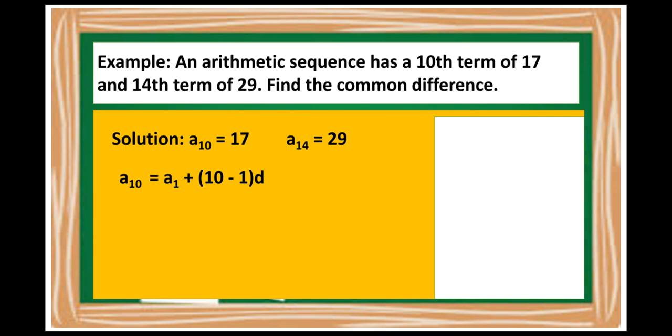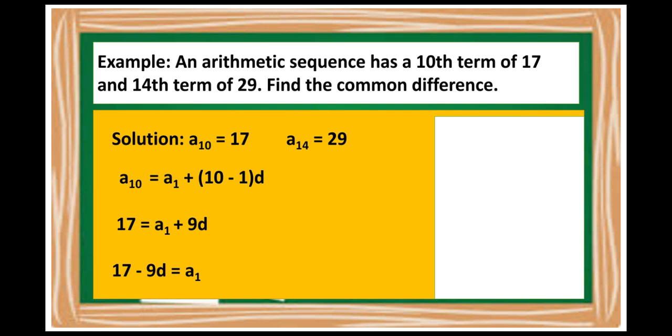But we know a sub 10 is equal to 17. So we have 17 is equal to a sub 1 plus 9d, and then we can transpose the 9d to the left side, and we have the equation for a sub 1: 17 minus 9d. Alright, so stop right there first and go over to your next equation.